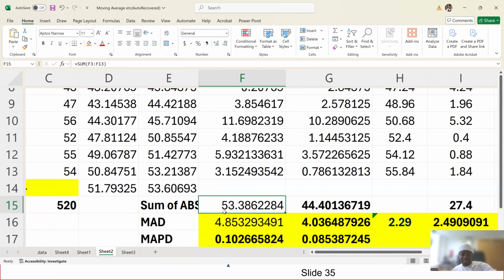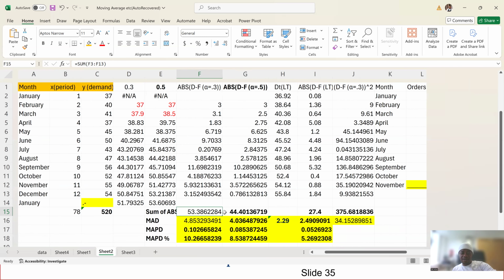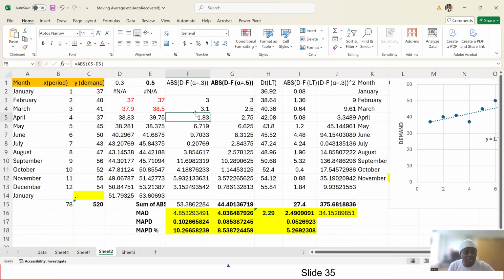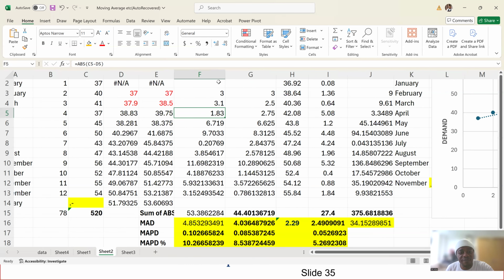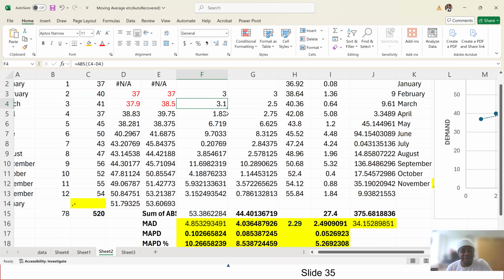Okay, that's the value you get when you sum all of them. And I've also taken the absolute value. If you look here, there's an Excel function called absolute value. If you double click, you see that it has ABS. ABS stands for absolute value of the number. So this gives you the absolute value straight away. And then you sum all of them, you get 53.